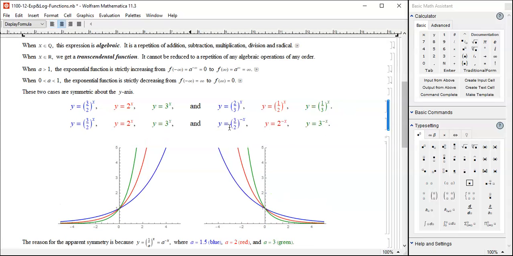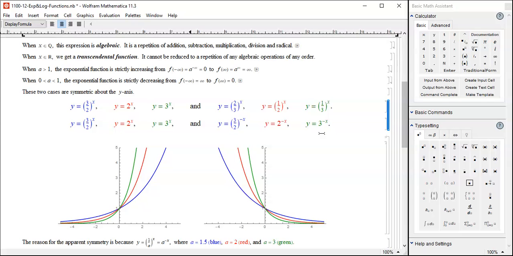The right-hand side here can be rewritten as 2/3, its reciprocal 3/2, to the negative x power. 1/2, take the reciprocal, and 2 to the negative x power. Here, 3 to the negative x power. So by taking the reciprocal, you get a base greater than 1.